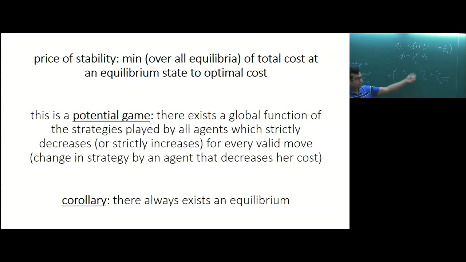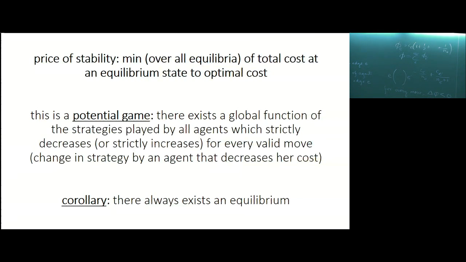Okay, so the change in cost is exactly tracking the change in potential. What that implies is that for every improving move, my change in cost must be negative, right? Otherwise, I wouldn't be making the move. Which means for every improving move, the change in potential is in fact going to be negative.